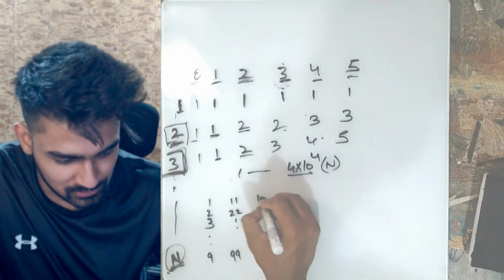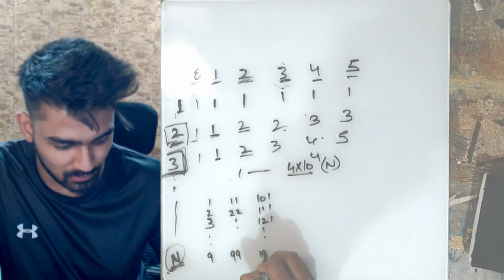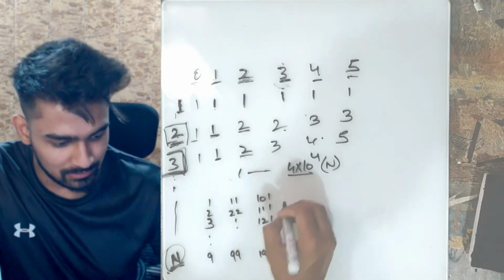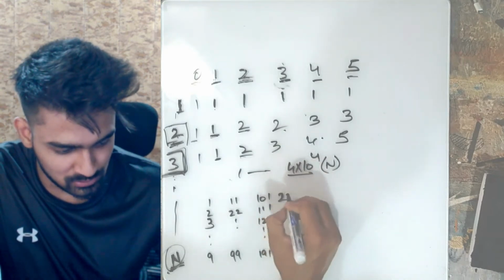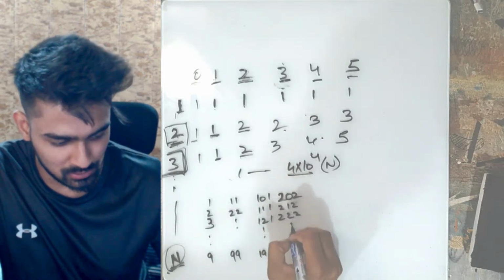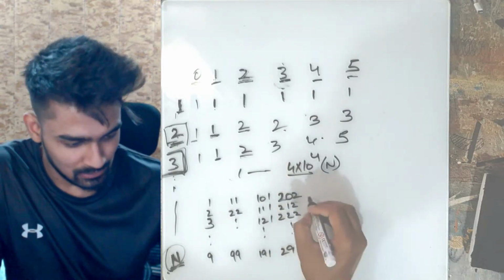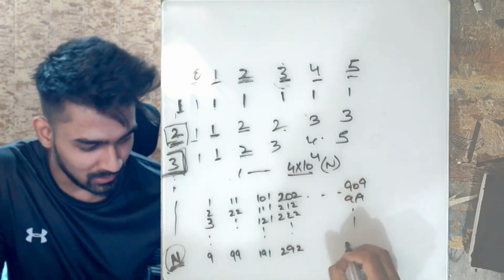Then we have 101, 111, 121 till 191. Then 202, 212, 222, so on till 292, so on till 909, 919, so on till 999.